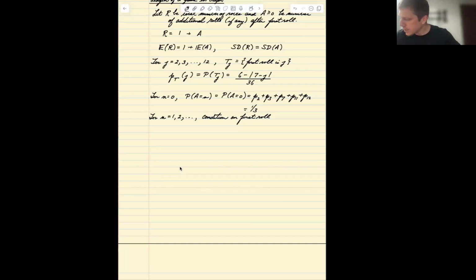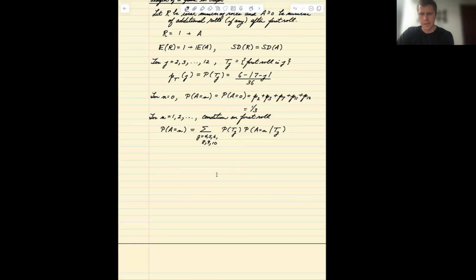So the probability that A is equal to n is equal to the sum over the possible outcomes of the first roll that lead us to keep rolling, right? Law of total probability: the probability that A is equal to n, given that the first roll is a j, times the probability that the first roll is a j.